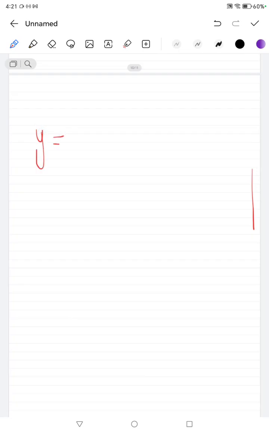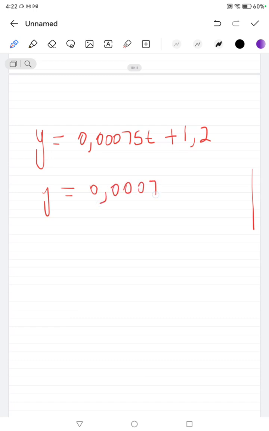We have y equals 0.00075 t plus your 1.2. If we find the derivative of that, you will see that we'll only be left with y equals 0.00075.